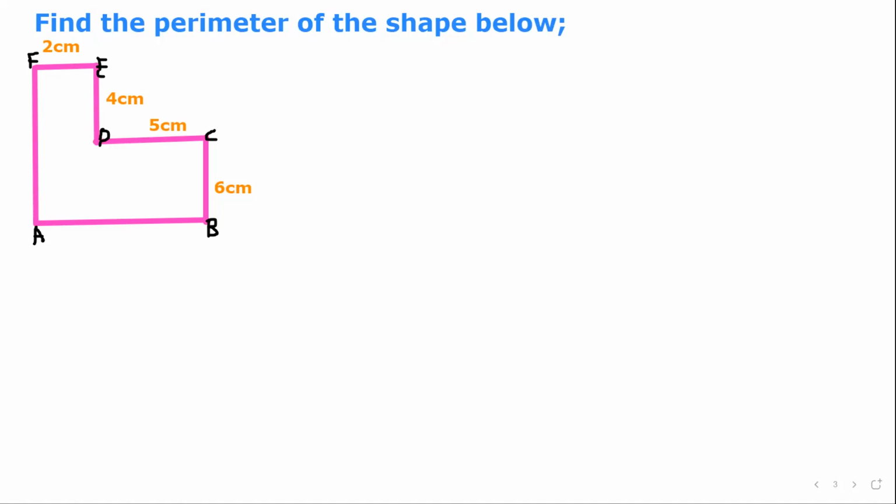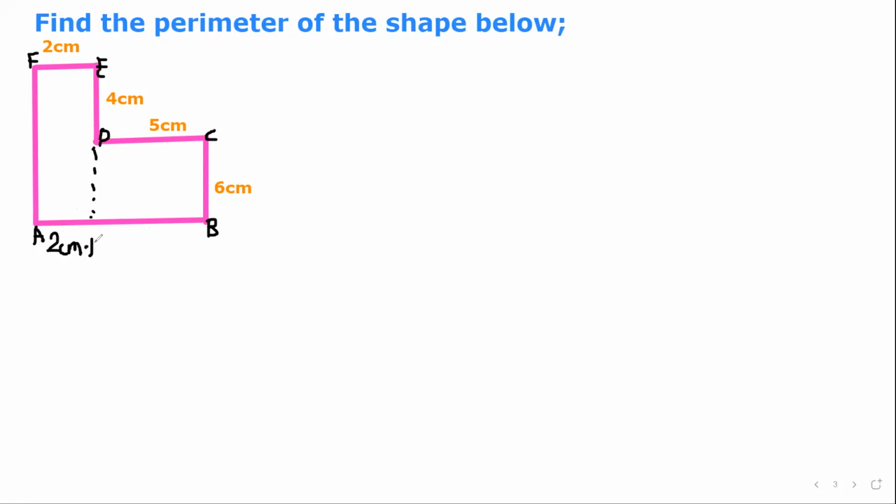So looking at this one, the line AF or FA is not given to us, and then line AB too is not given to us. Good.